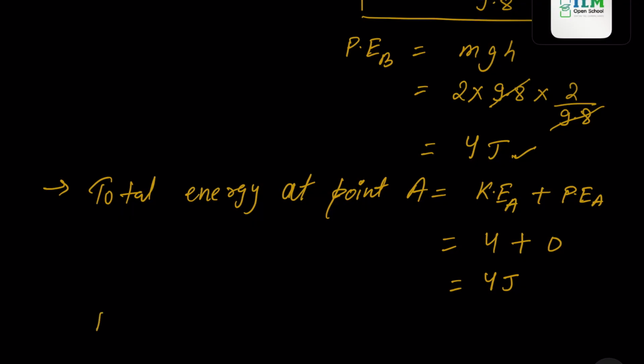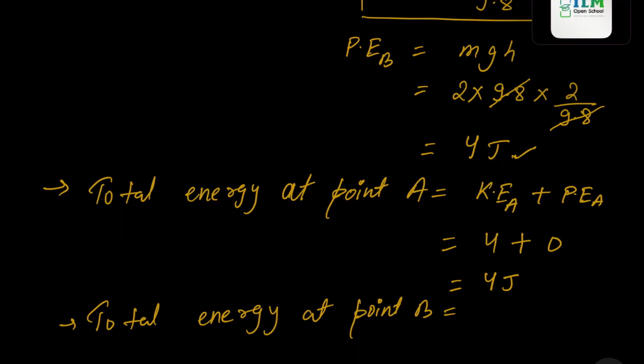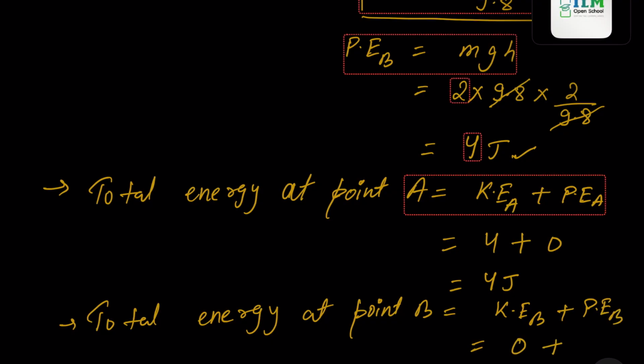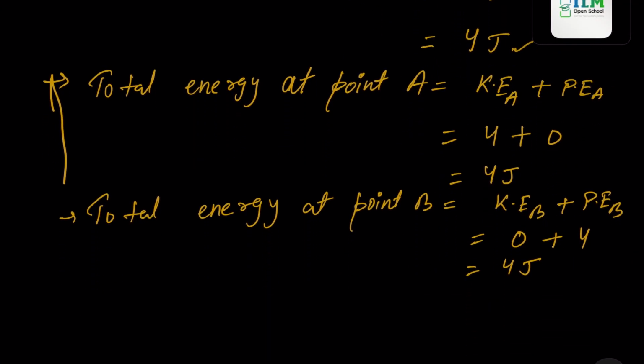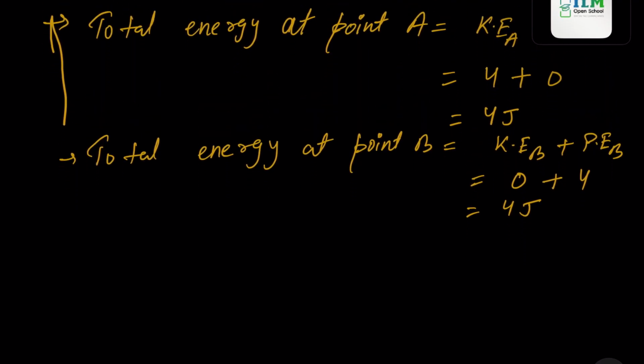Now, second is total energy at point B: kinetic energy at point B plus potential energy at point B. Kinetic energy is 0 at point B and potential energy is 4. So it comes to 4 joule. You can see that total energy is same. So total energy will always be same, if there is no loss of energy because of friction or anything. In the ideal case, total energy will remain same.